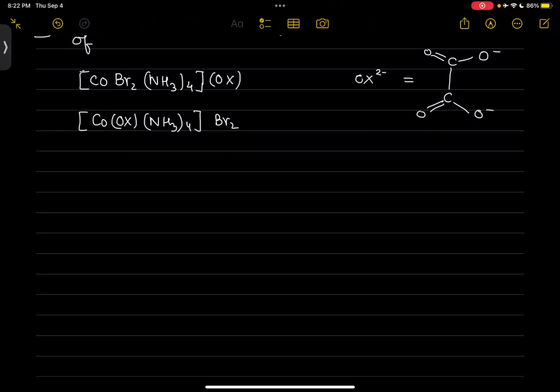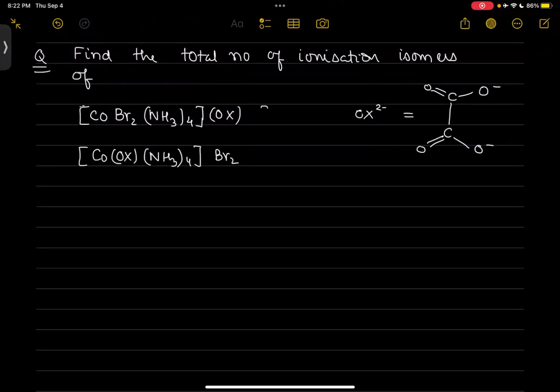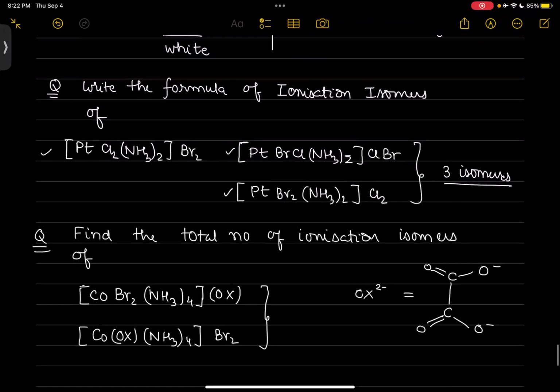No, sir. Okay, so there are two ionization isomers. As the name indicates, ionization isomers are formed when the ions are exchanged with the ligand.